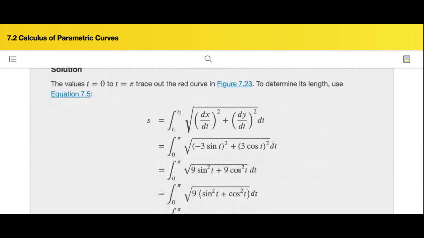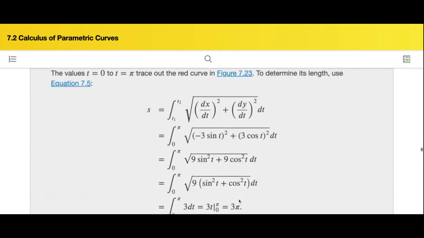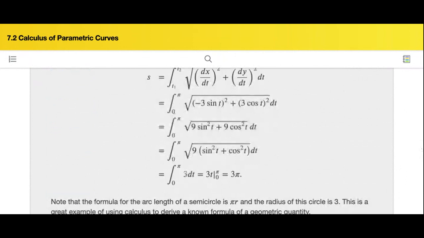Then we take the square root of the sum of the two squares. We get 9 sine square t plus 9 cosine square t. Factor out 9. Sine square plus cosine square equals 1. The square root of 9 is 3. So it's the constant 3, and we just get 3 times pi. We get 3 pi.